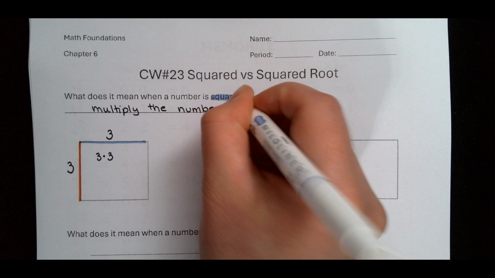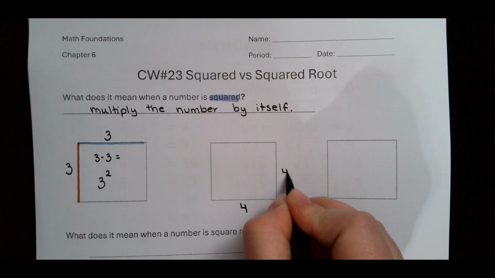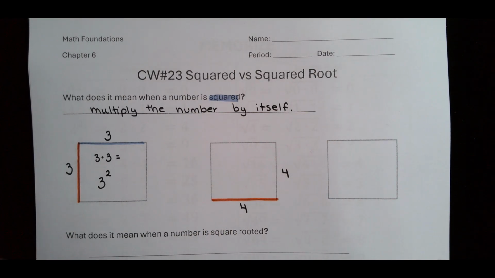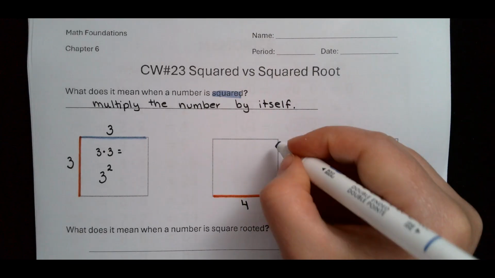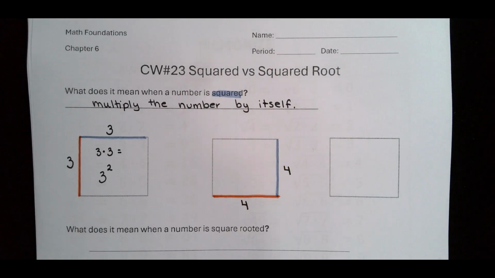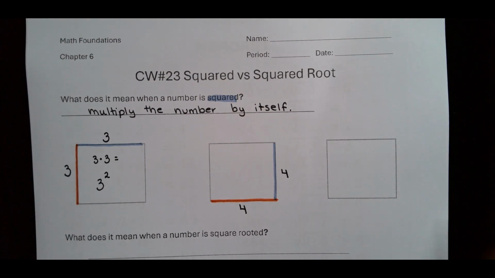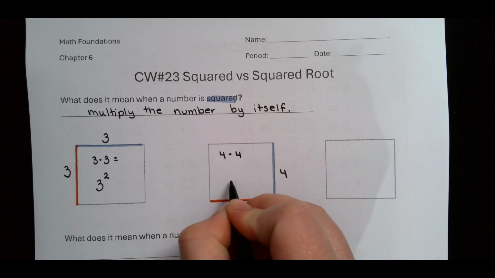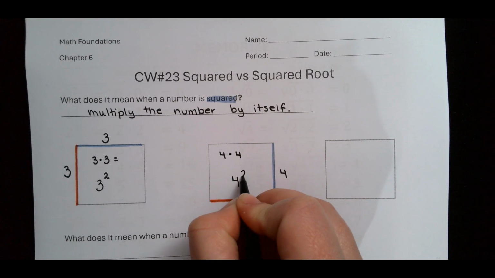Now we can do any two sides. So let's do 4. If we do 4 times 4, here's one side of a square, here's another side of the square. We're finding area, so we only need two sides: length times width, base times height. So we have 4 times 4, which means we have 4 squared.